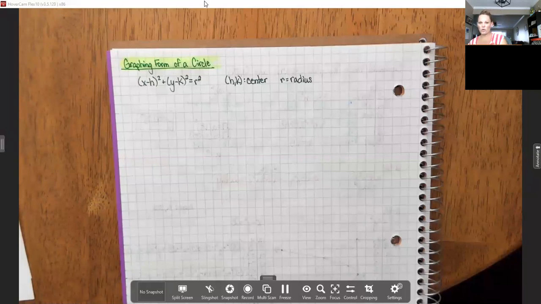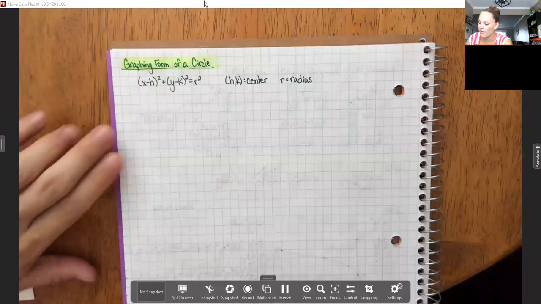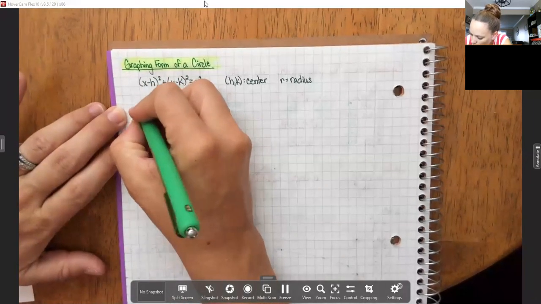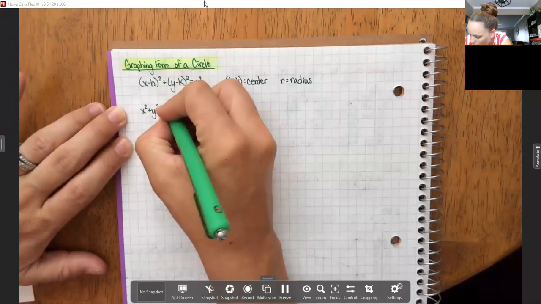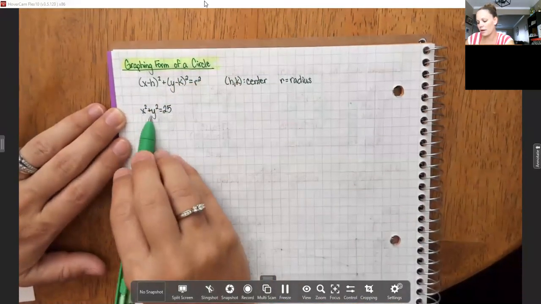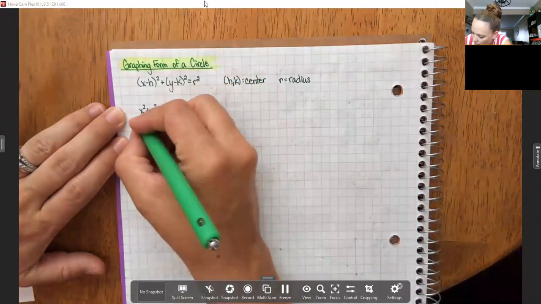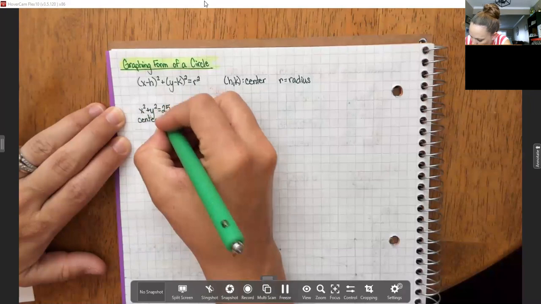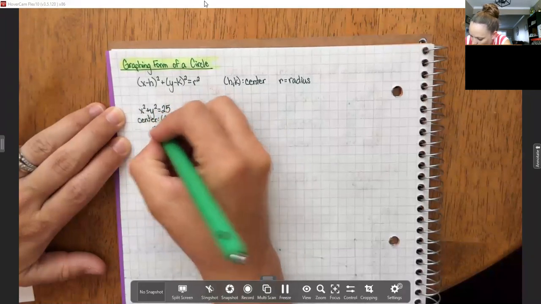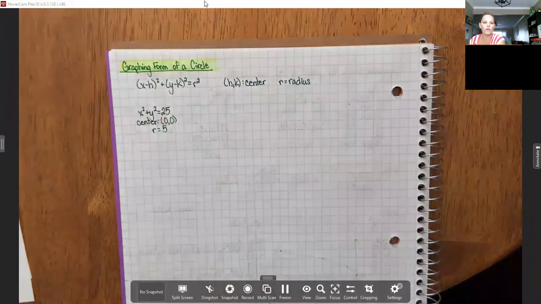So on our circle problem that we just did, x squared plus y squared equals 25, this is one we did on 89. This has the center at (0, 0), and the radius is 5 because the square root of 25 is 5.